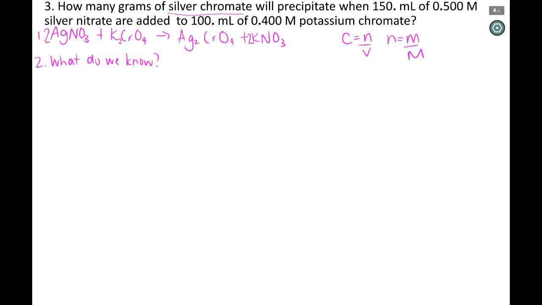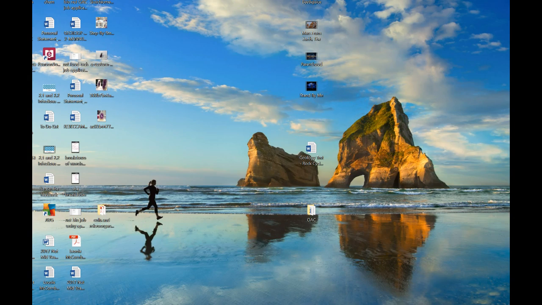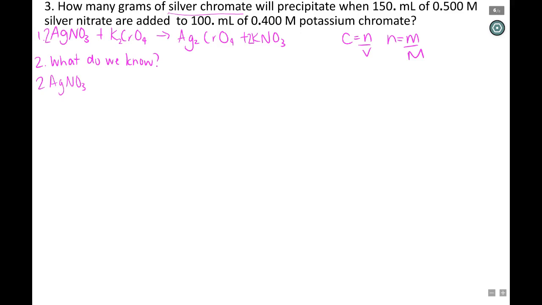So if we have a look at our silver nitrate, we can have a look at the left-hand side of the equation. For our silver nitrate, we know our volume, which is 0.15 litres, and we know our concentration, which is 0.5 moles.